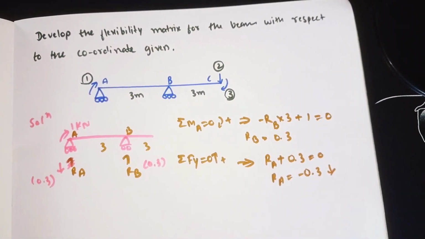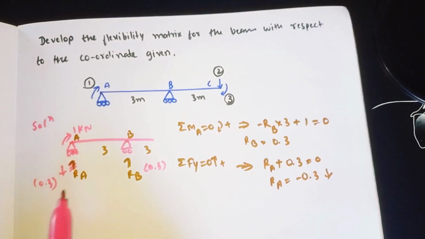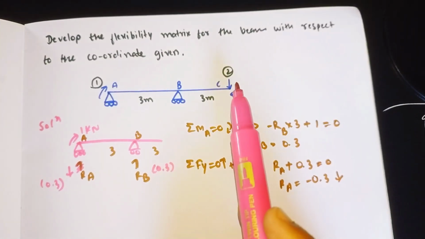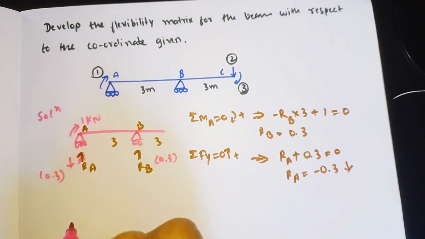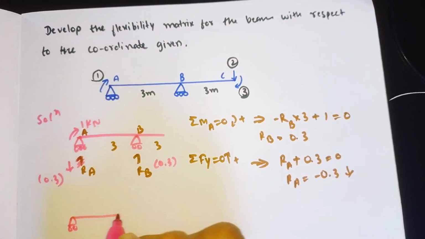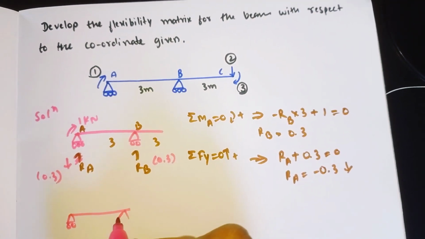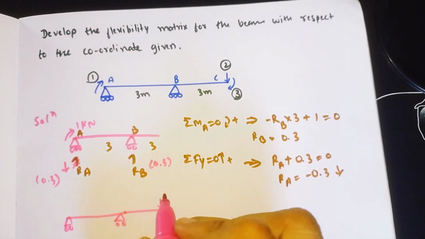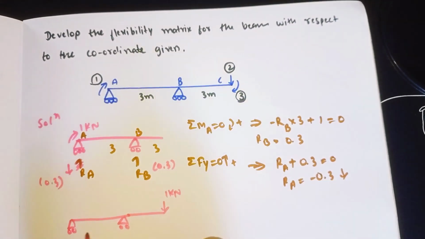So similarly we will calculate for coordinate number 2. So it is overhanging, and the vertical load is acting at coordinate number 2. I am again redrawing the diagram. So we need to give here a unit load of 1 kN.